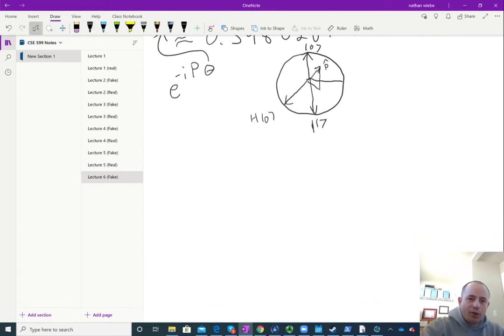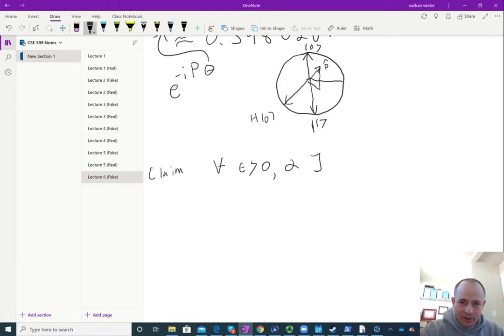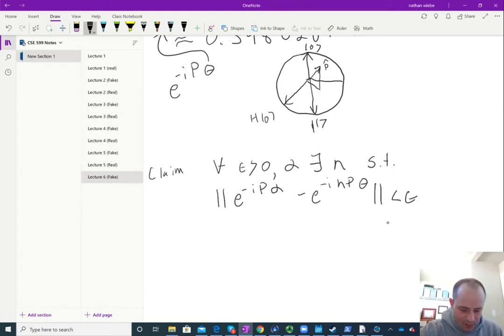Okay, so my claim is that for all epsilon greater than 0 and alpha, there exists n such that the norm of e to the negative i P alpha minus e to the negative i n P theta is less than epsilon.